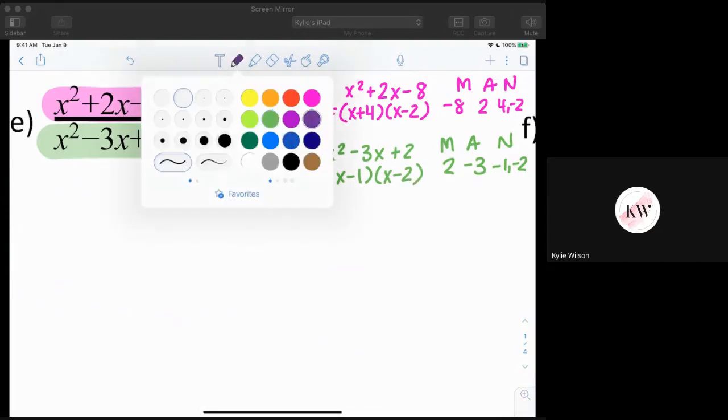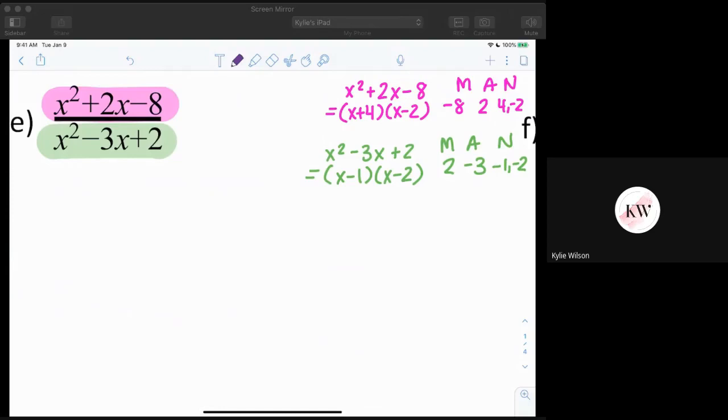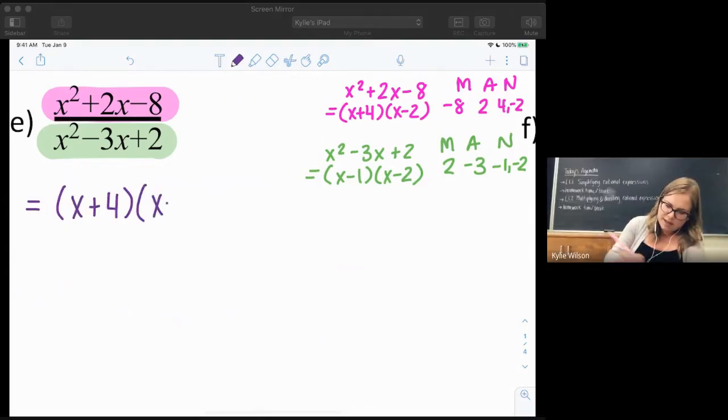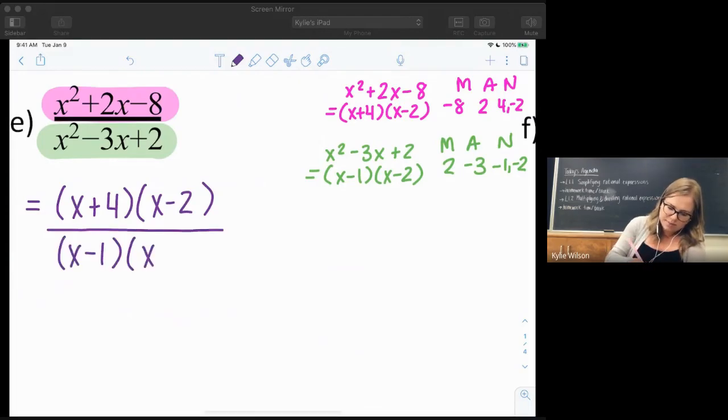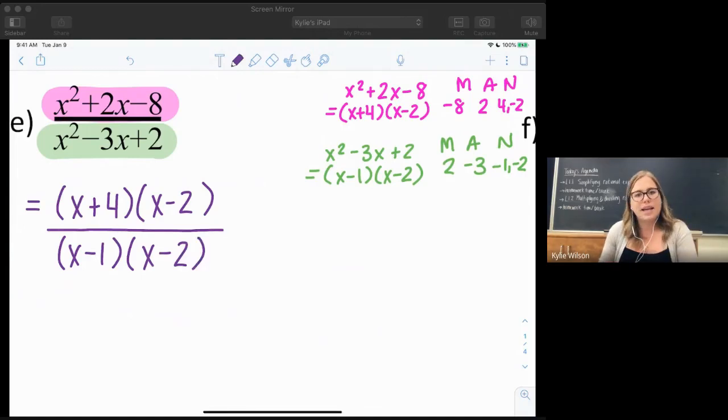So now let's fill all of that into my example. We have x plus 4, x minus 2, all over x minus 1, x minus 2. Now that everything is being multiplied or in brackets, we can start canceling stuff.